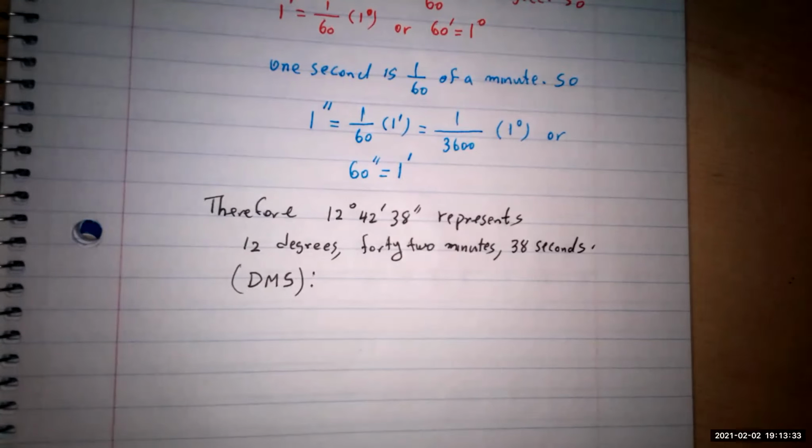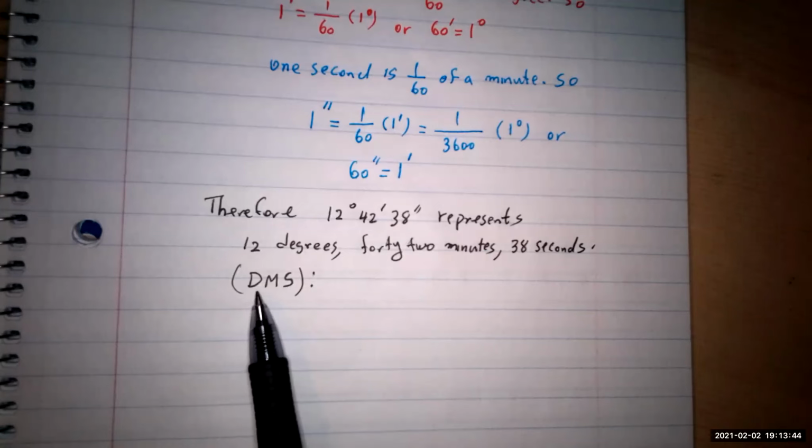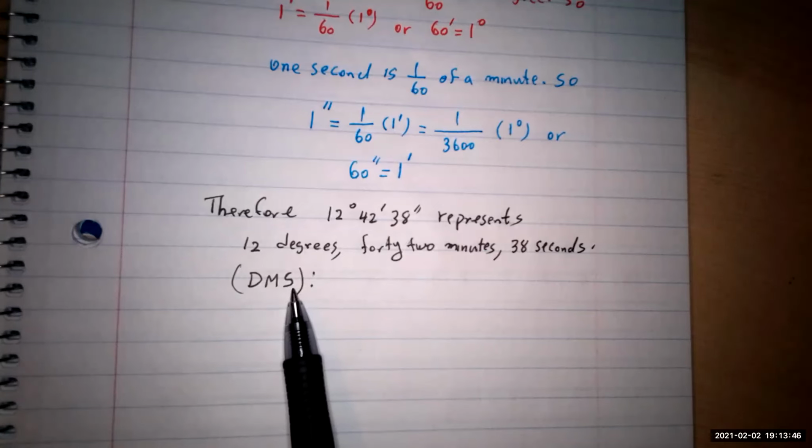So we may have to use operations with these numbers. This would be given to you in this format: degrees, minutes, and seconds. But you can also write it as a decimal number. So we can write degrees using decimal numbers, or using the DMS format.